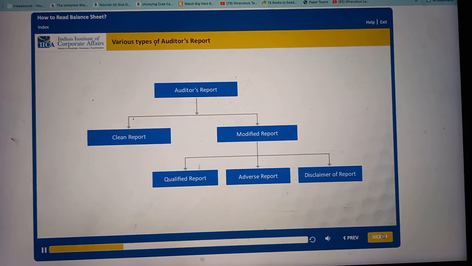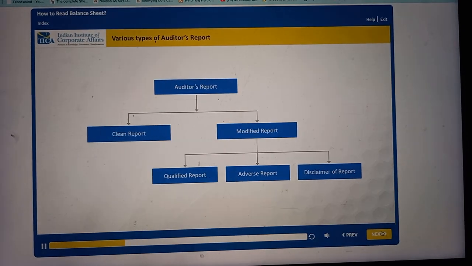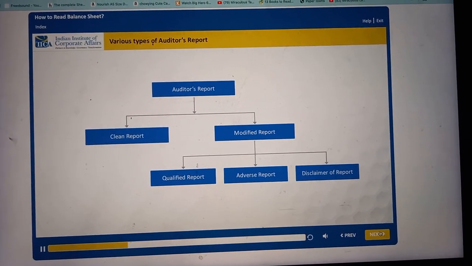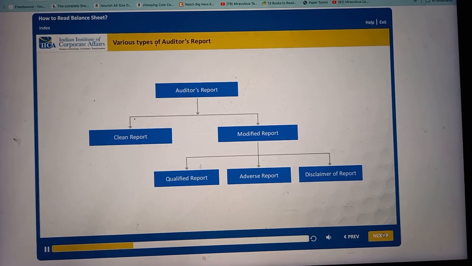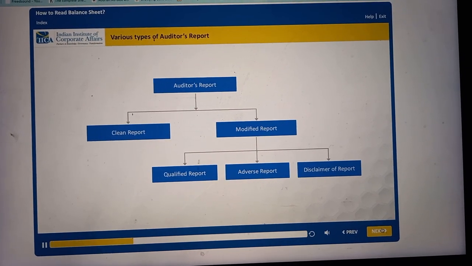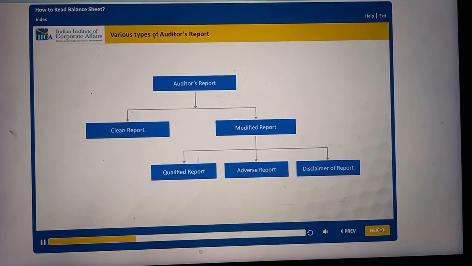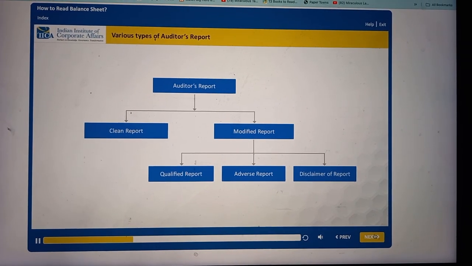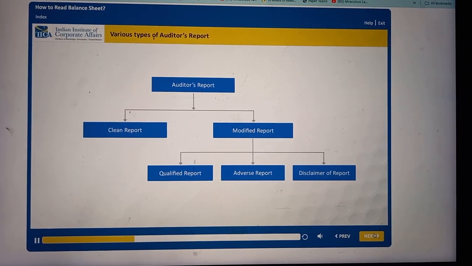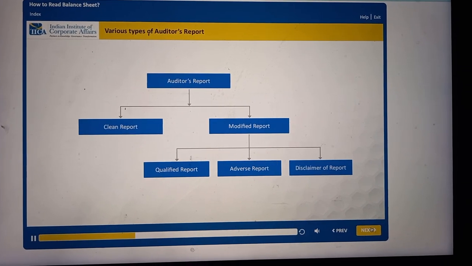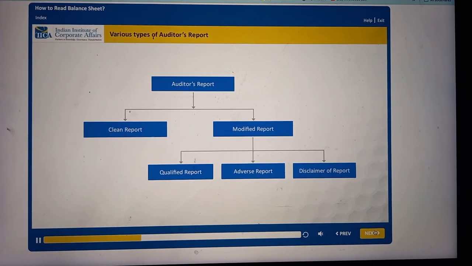Let me explain in brief with a case study with respect to a qualified report. Let us say that the company has taken a certain loan from the bank on which interest is required to be provided, but management has decided not to provide the interest, and therefore to the extent interest is stated lower by the company, to that extent profit is overstated.